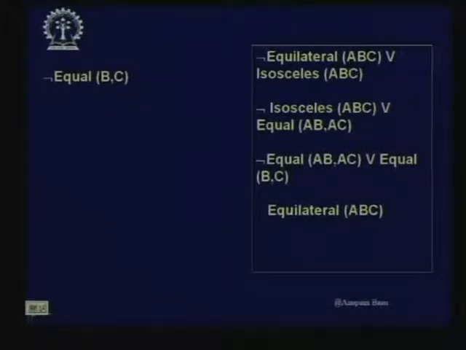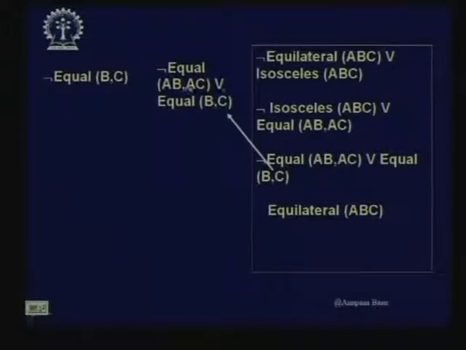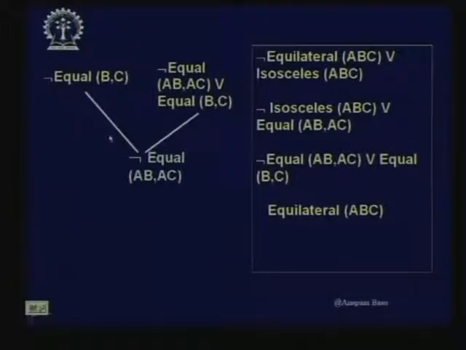It is not equal BC and here is equal BC. So, I select this clause, not equal ABAC or equal BC. Now, this part and this part will resolve out together and we get not equal ABAC.